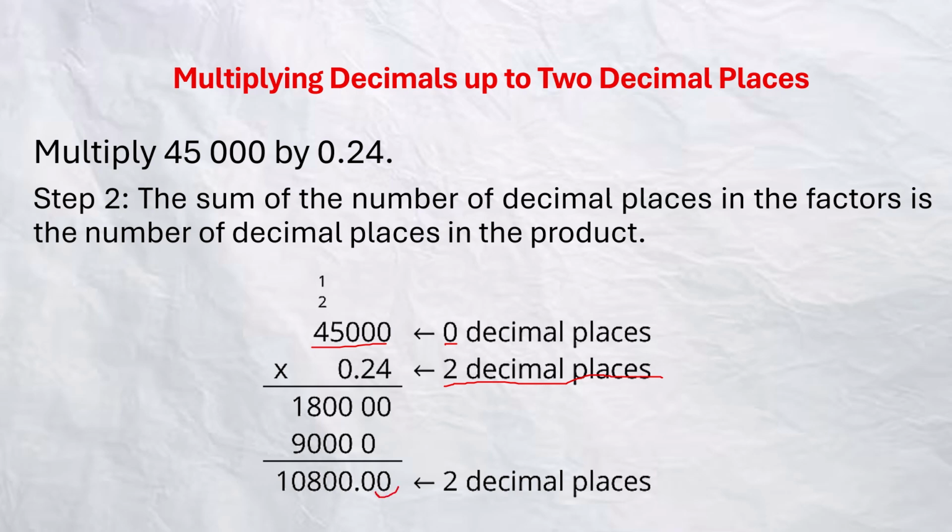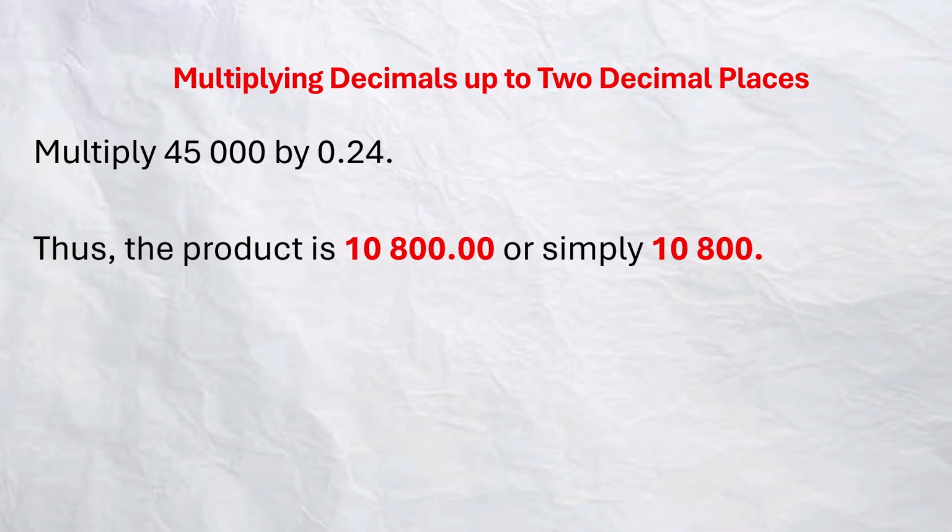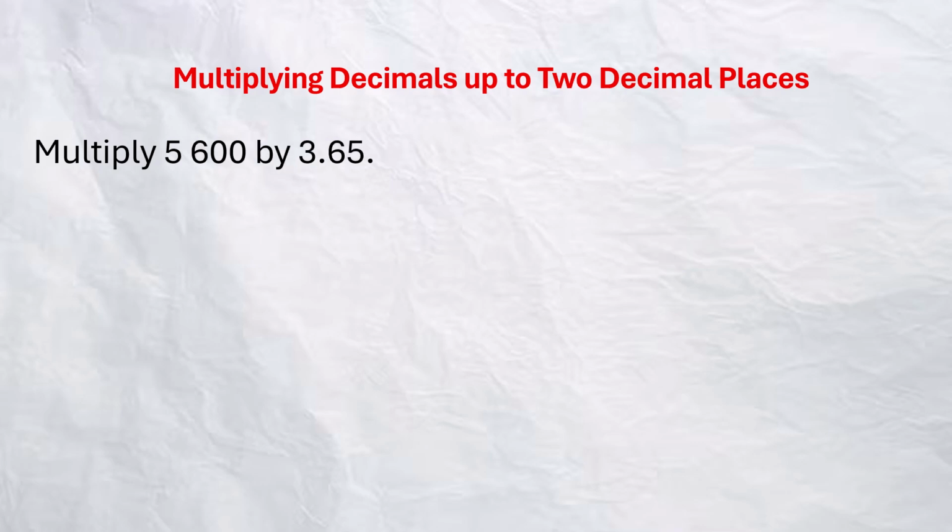So 1, 2. So this is where we will put our decimal point. But since the remaining numbers in the decimal places are all 0, we can simply remove them. So therefore, the final answer is 10,800.